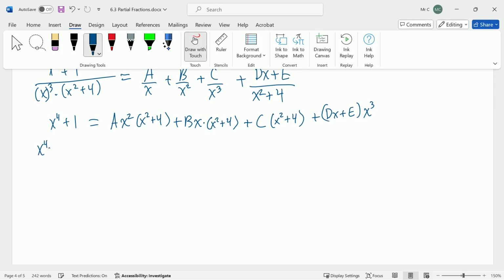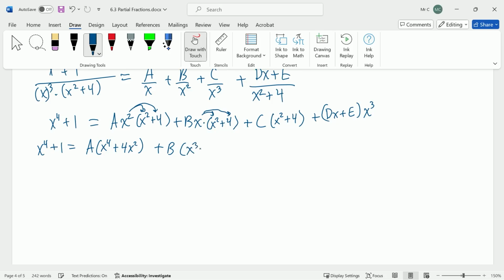What I'm going to do this time is rewrite my equation, but I'm going to start multiplying out all my terms. So ax squared times x squared plus 4. So I multiply that x squared, I get x to the fourth plus 4x squared, plus b times x multiplied here. So again, I'm just distributing.